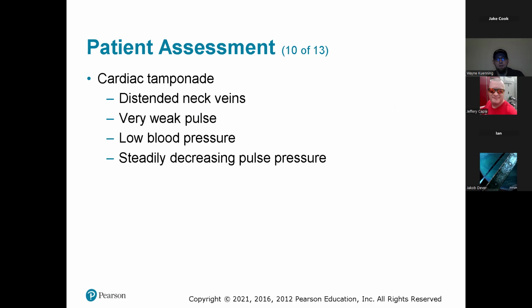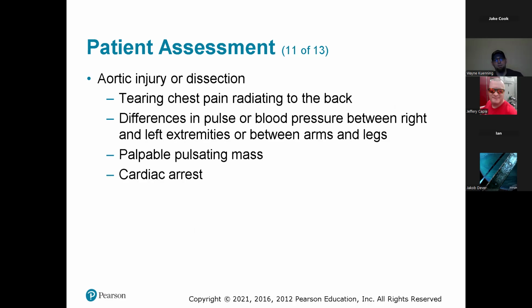Cardiac tamponade is going to present with distended neck veins, very weak pulse, very low blood pressure, and steadily decreasing pulse pressures. Aortic injury or dissection is going to be a tearing chest pain radiating to the back, with differences in pulse or pressure between left and right extremities or between arms and legs.